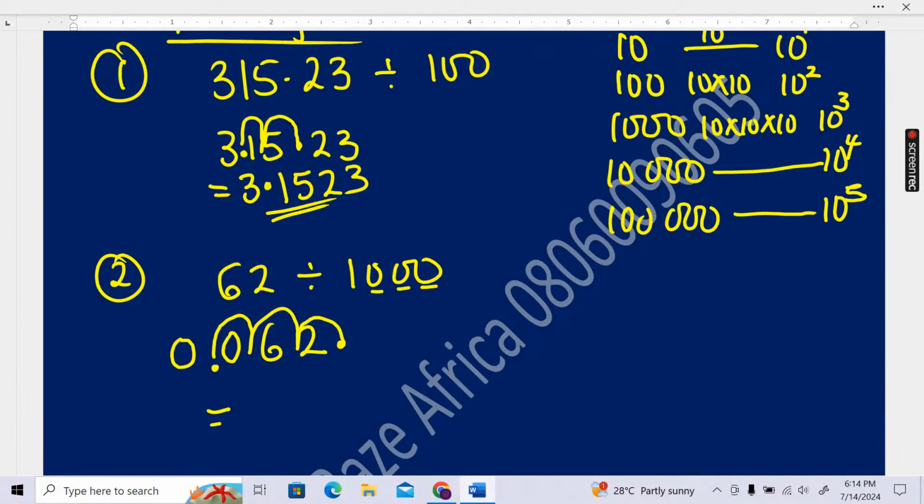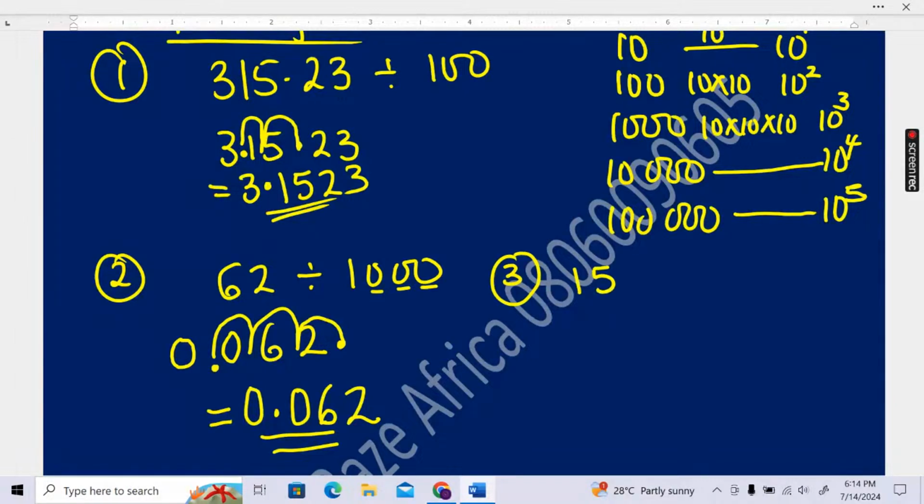So the final answer is 0.062. 62 divided by 1000 is equal to 0.062.